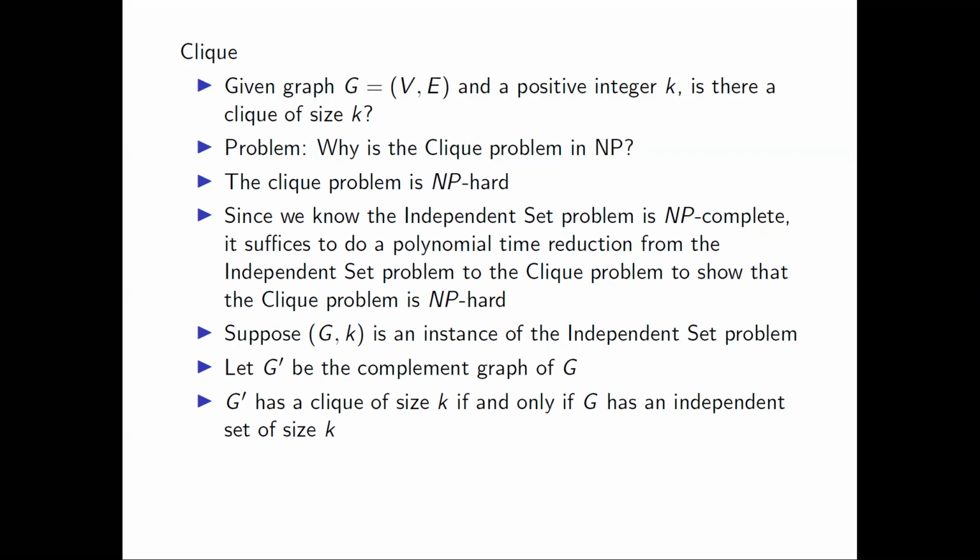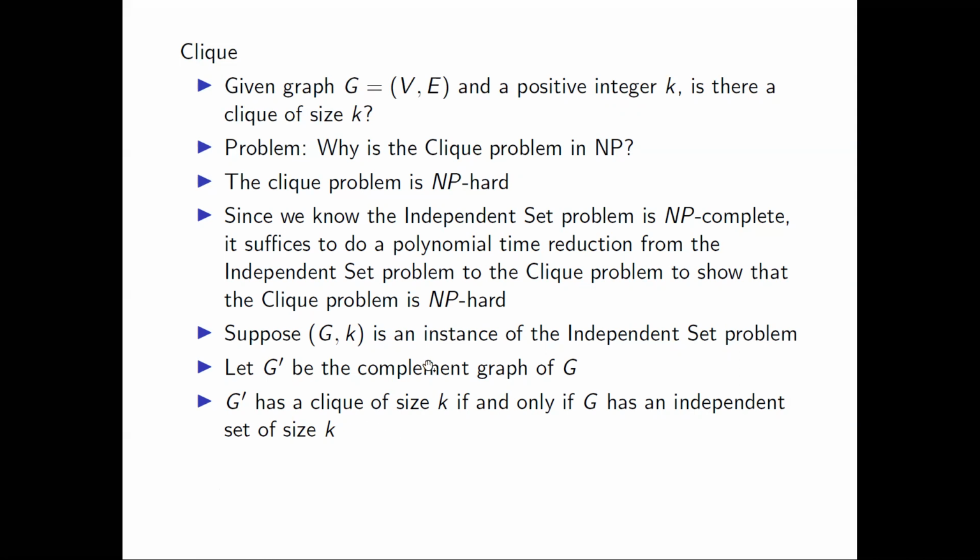So those vertices form an independent set of size K in G. And in the other direction, if G has an independent set of size K, we can argue it similarly, that whatever those vertices are, v1, v2 up to vk, with no edges between any pair of them, in the graph G prime, they must have edges between all of them, so they must form a clique of size K. So G prime has a clique of size K if and only if G has an independent set of size K.